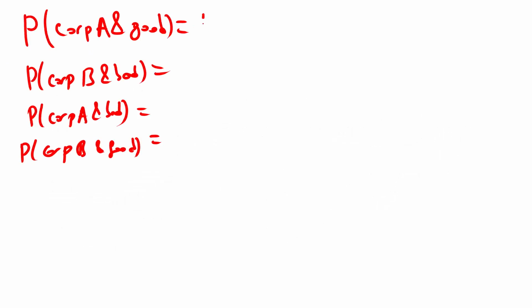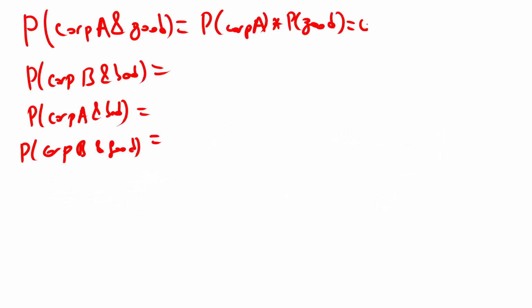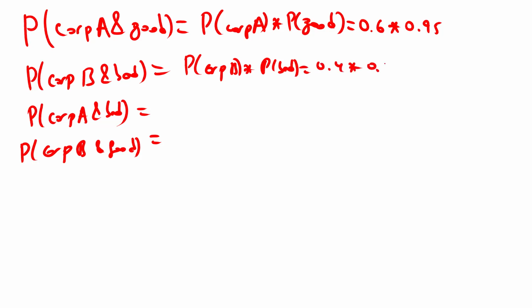Then it will be the probability of corporation A multiplied by the good. The probability of buying from corporation A is 0.6, and to be good is 0.95. Similarly, corporation B multiplied by the bad will be 0.4 times 0.2.